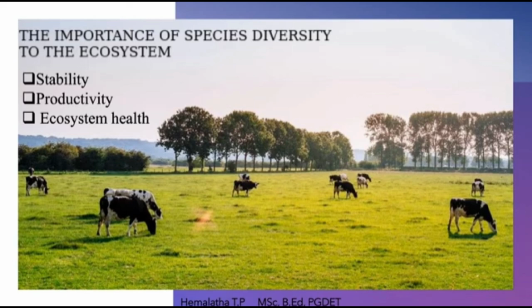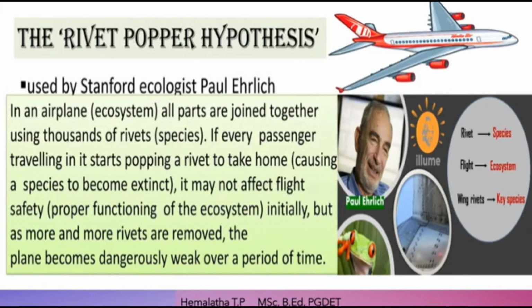What if any of the organisms or any kind of species, a complete species, gets reduced day by day? This was clearly explained by one of the scientists, Paul Ehrlich, through a hypothesis called the rivet popper hypothesis. He explained the ecosystem and the species variety on this planet by comparing it with the aeroplane.